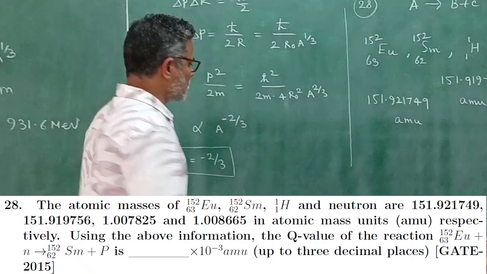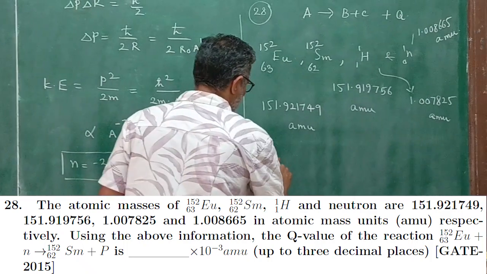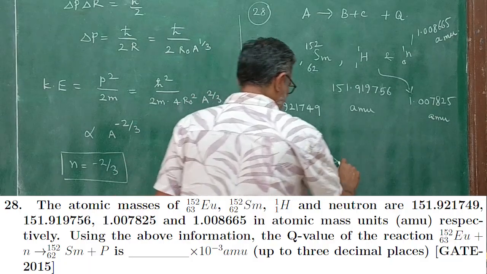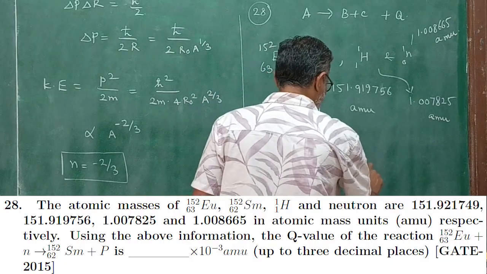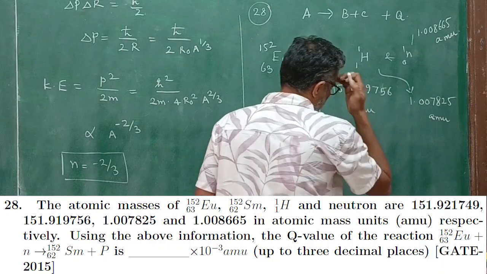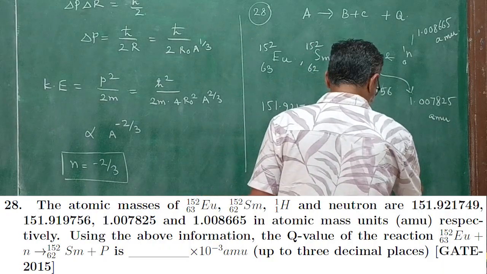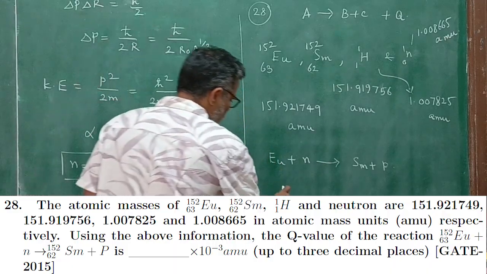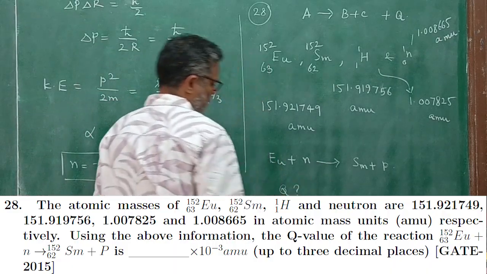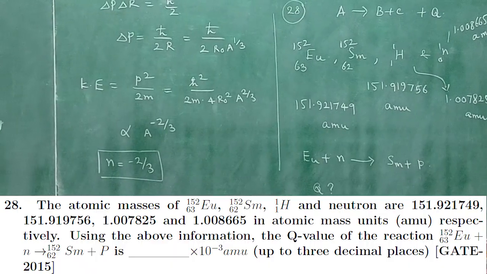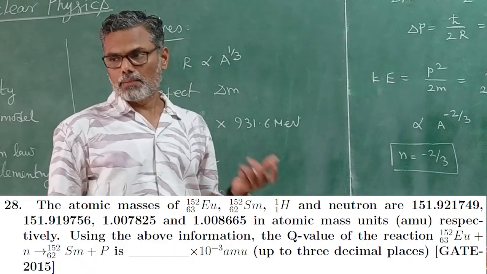The question asks for the value of Q in the following reaction. Let's say you have aluminum plus one neutron gives samarium plus proton. In this reaction, what could be the Q value? If you want to know Q, what you should know is the mass defect.